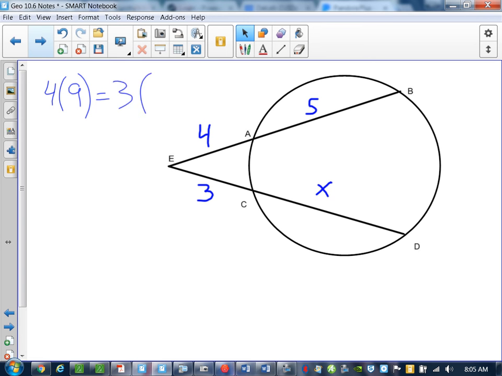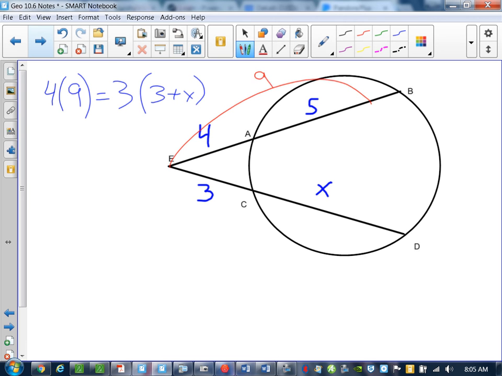What's the whole thing? 3 plus x. You're adding, guys. The whole thing here is 9. The whole thing here is x plus 3, or 3 plus x. That is a big mistake that most people make. I'm glad you made it right away, and now you won't do it again.